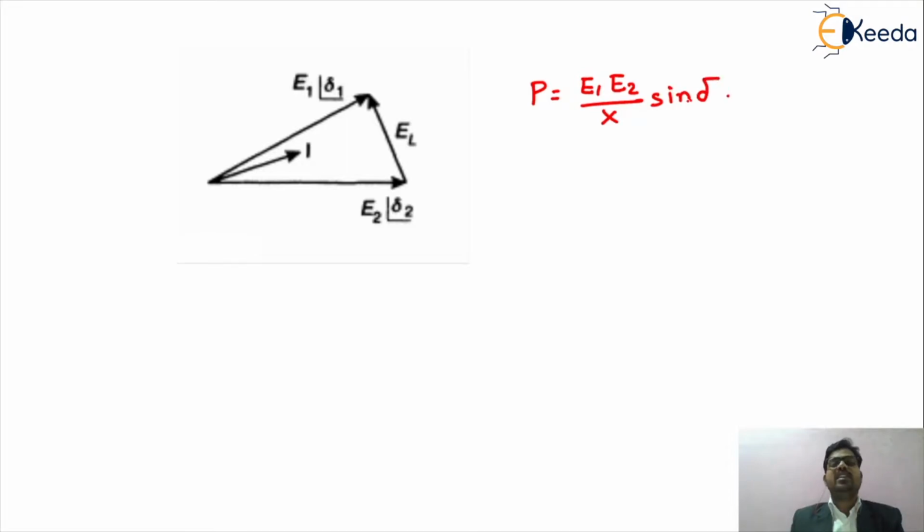This is the power equation of your transmission line, where, as already discussed, E1 is the sending end voltage, E2 is the receiving end voltage, and X is the impedance of your circuit, considering only the inductive impedance and ignoring the resistive and capacitive impedance. Del is the angle between your sending end voltage and receiving end voltage. According to that, we get this fundamental equation.